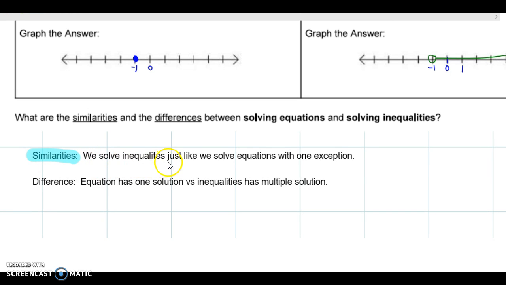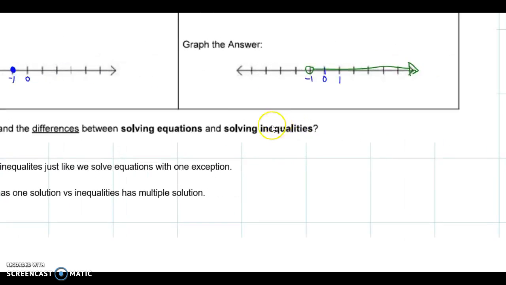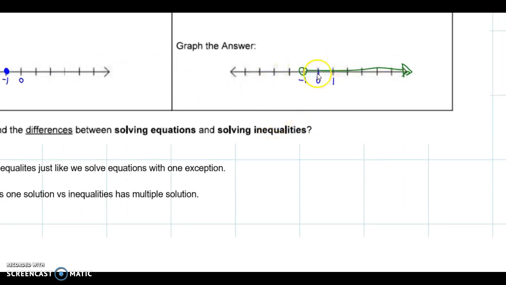We solve equations just like we solve inequalities, with one exception, which we will talk about later. And the difference is, notice that the equation has only one solution, whereas in inequalities, you could have multiple solutions. So here, 0 is a solution, 1 is a solution, 2, and so on.